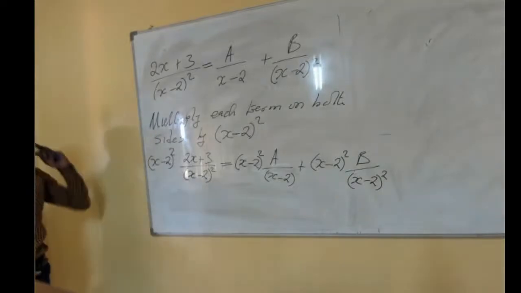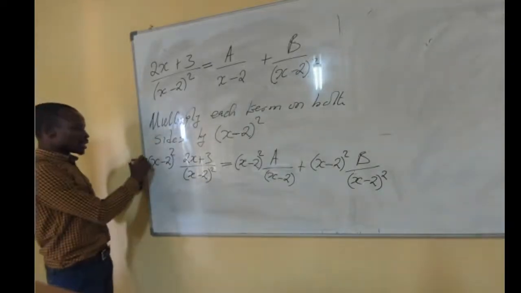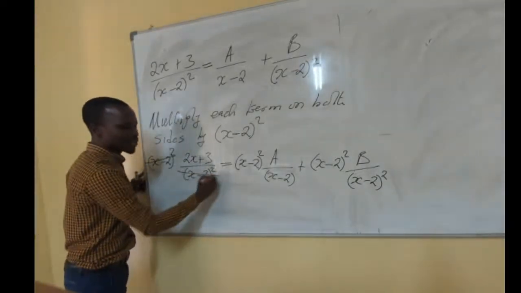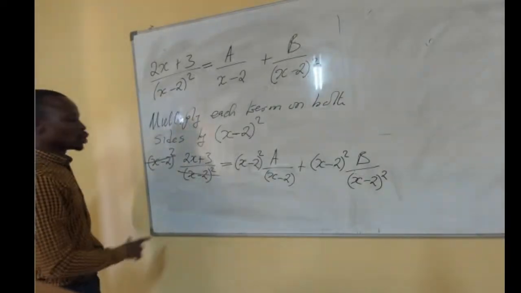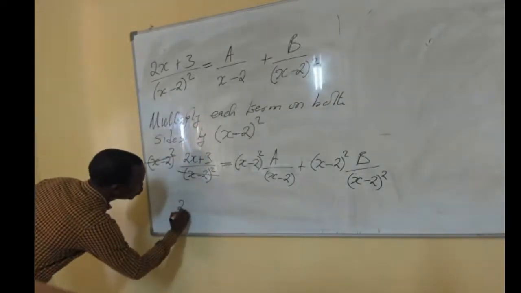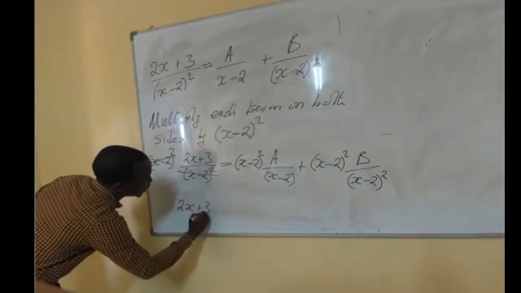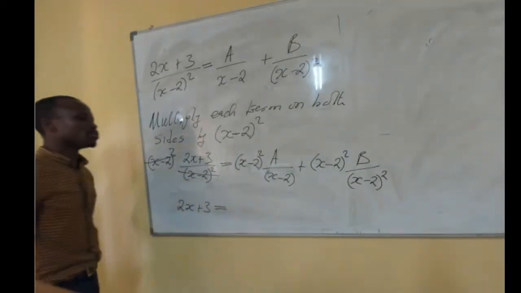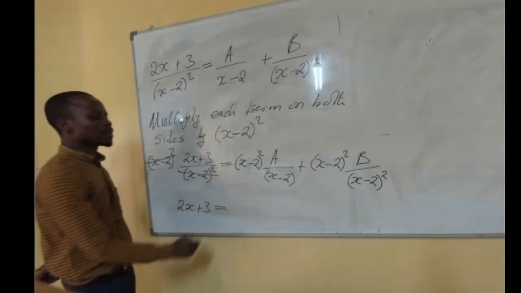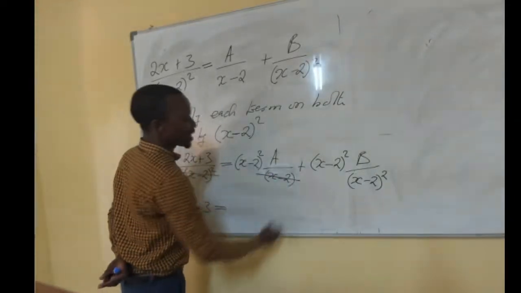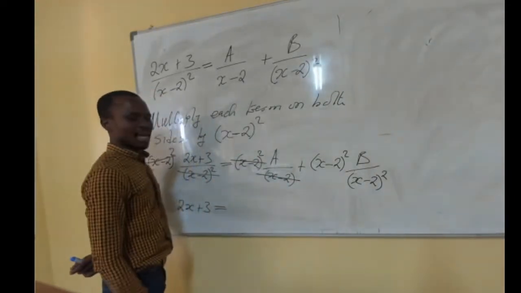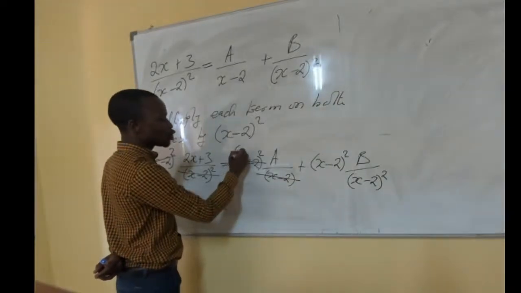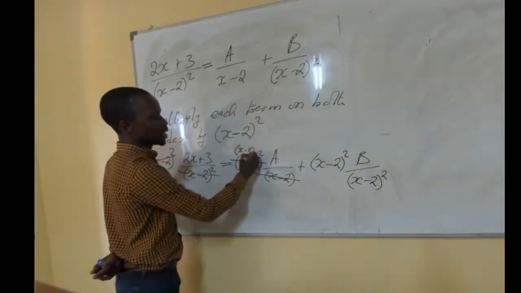Now, when you reach this stage, you see the square of x minus 2 and the square of x minus 2 will cancel. That means on the left-hand side of the equation, what you're going to get is 2x plus 3, which is equal to, now, on your right-hand side, this x minus 2, which is the denominator, will cancel with one of the x minus 2, so you're going to remain with x minus 2 in the numerator.